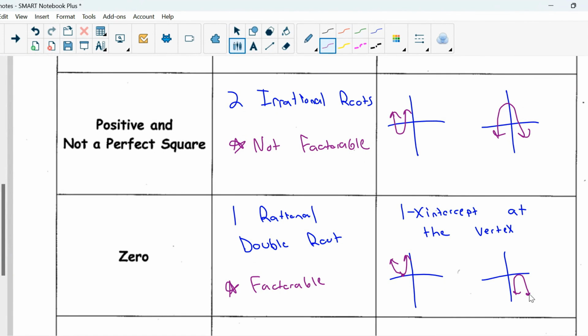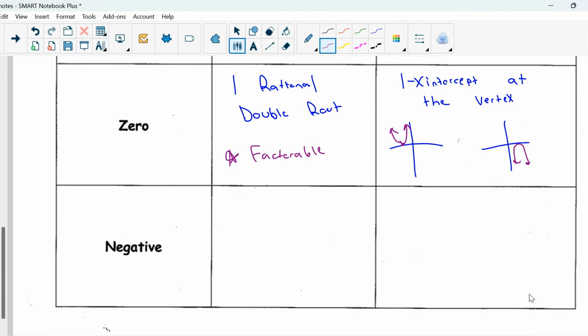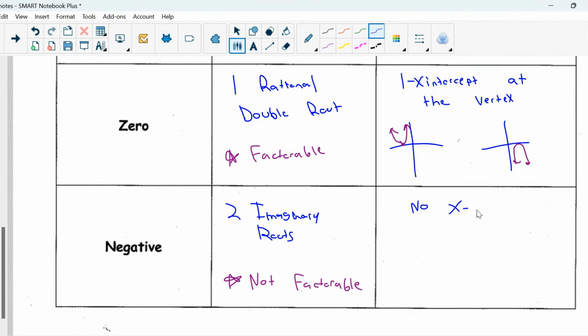The final situation for your discriminant is if you were to come up with a negative discriminant, that means that you would have two imaginary roots. Okay? Ultimately, that means that your quadratic is not factorable. And you are going to have no x-intercept.